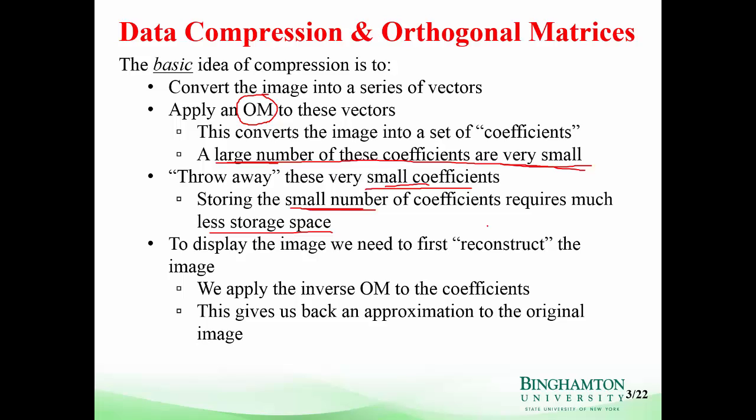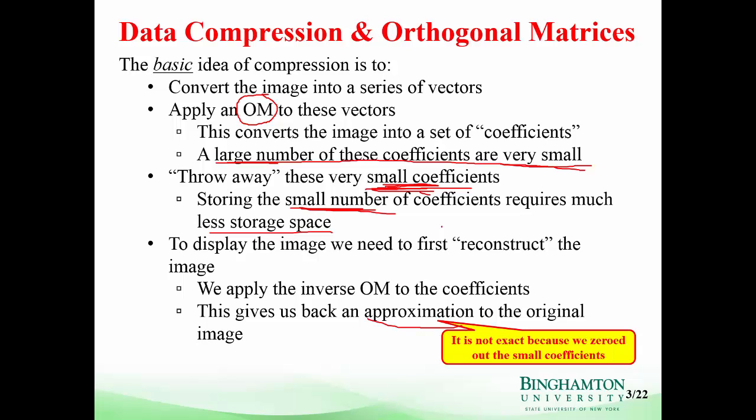You grab those that you stored and then effectively put zeros back where the small ones were, and then apply the inverse orthogonal matrix to these coefficients, and you get back an approximation to the original image. And how good of an approximation? Well, it will depend on how many you throw away and how small are the coefficients that you throw away. So by keeping more, we can control the quality at the expense of being a little bit bigger when we do finally store it.